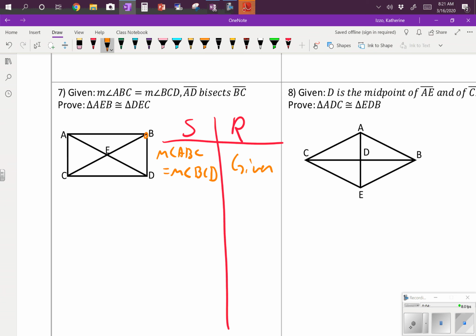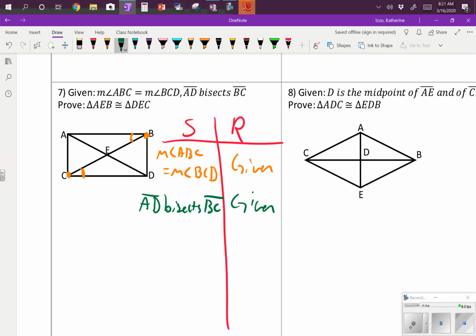ABC, so we're at B, we're going towards A and C. So that would be that right there. And measure angle BCD, so C going towards B and D. So we've got those angles right there. Next one. AD bisects BC. Given.